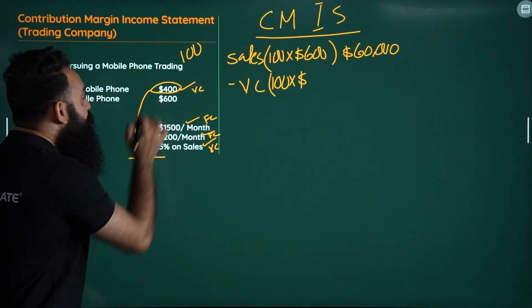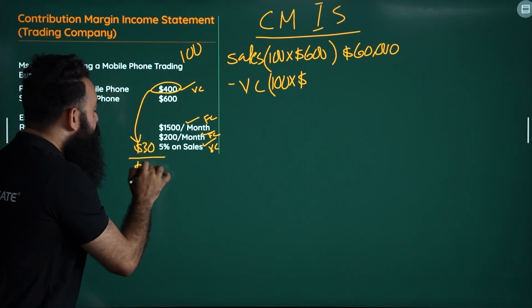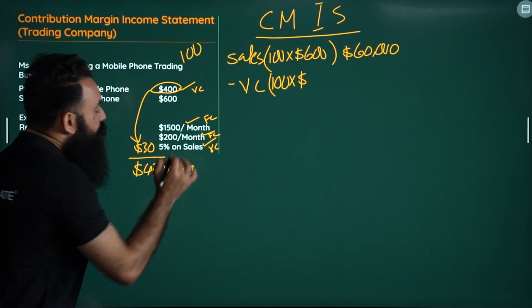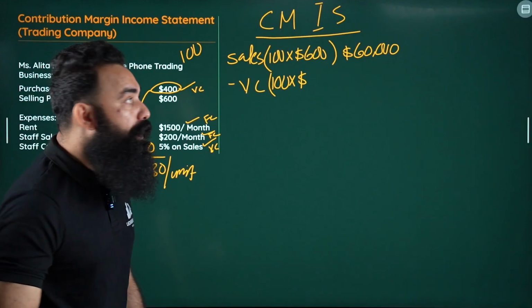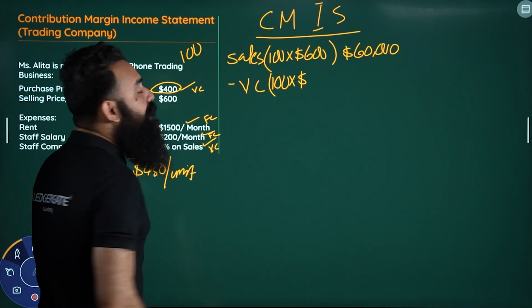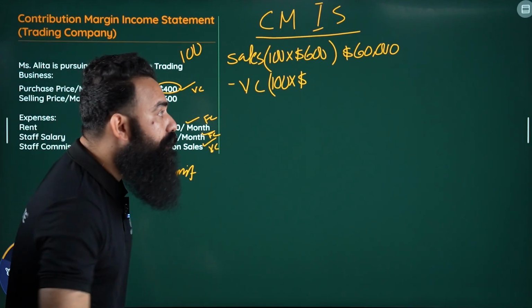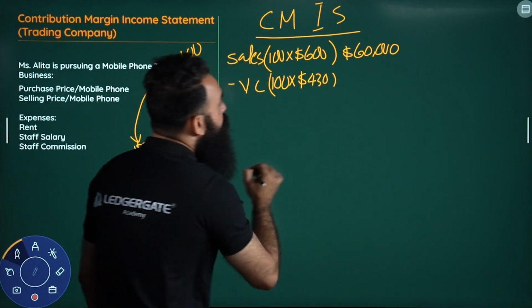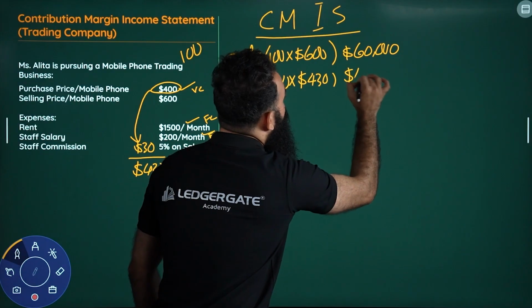Altogether, $400 plus $30, that is $430 per unit, will be the variable cost per unit. So if you are selling 100 units, how much will be the variable cost? 100 into $430. How much would it be?